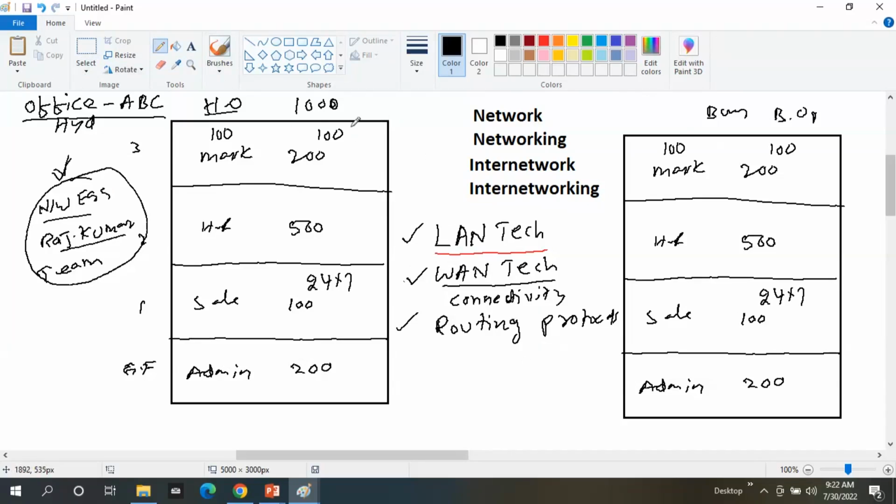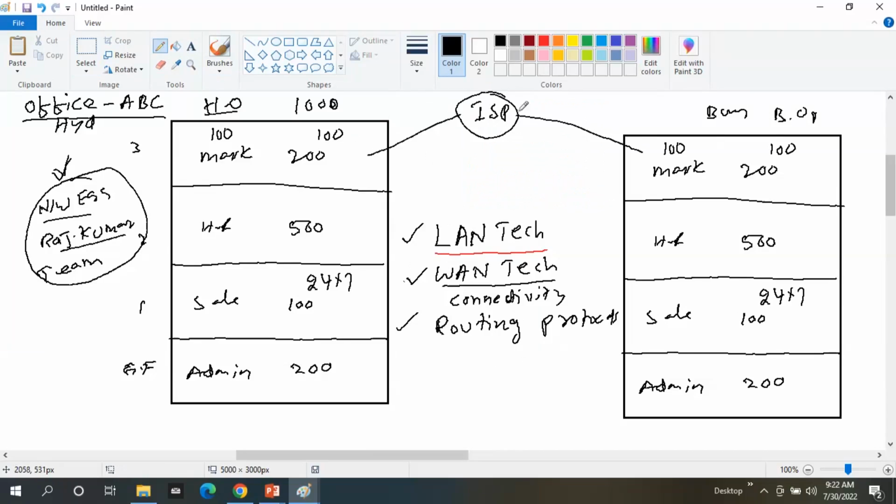Ultimately your head office and branch one are connected via the service provider network, the ISP. For the service provider, as office ABC you are only one customer; many customers are connected to ISPs. So can we say the ISP is public?